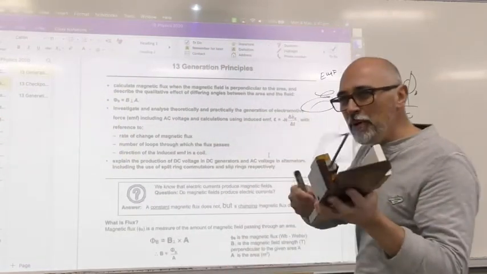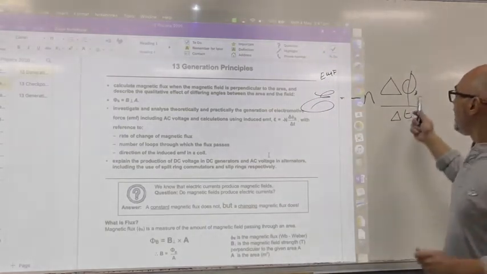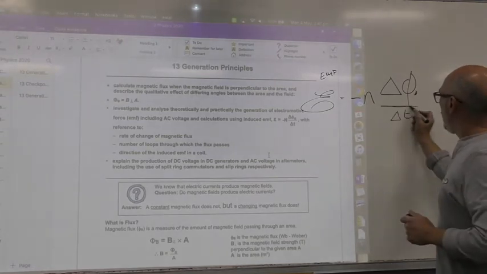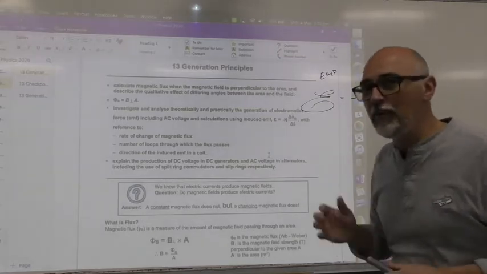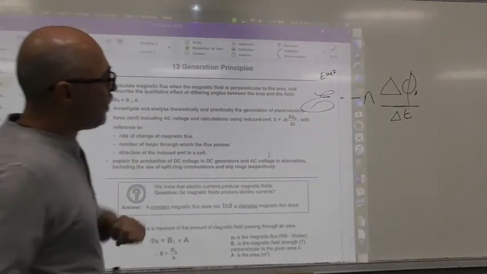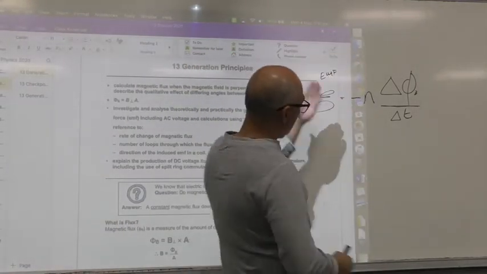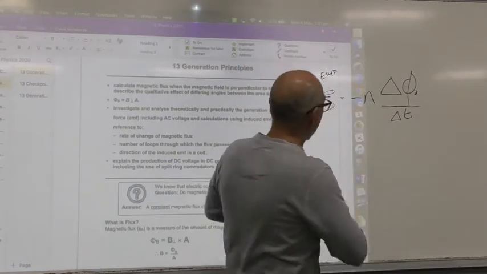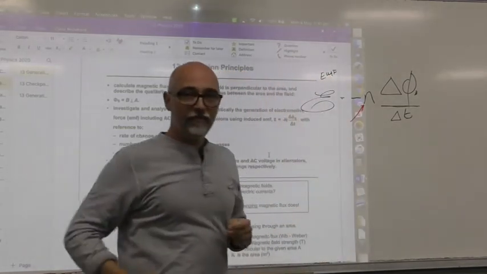So it's in that movement, and that movement is implied by the fact that it's the changing flux and how quickly you're changing it. That's delta time. So how quickly are you actually spinning? So when you look at this formula, what we're seeing is the EMF is dependent on how many coils.